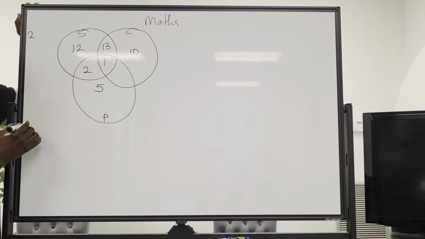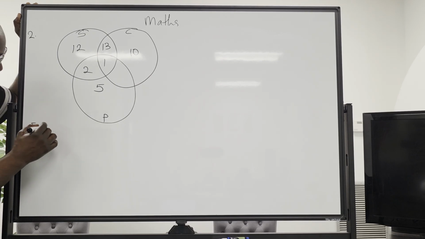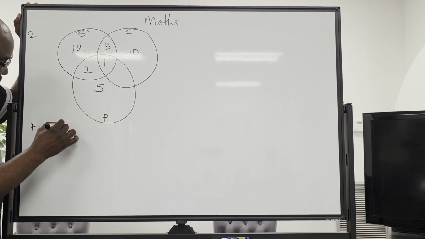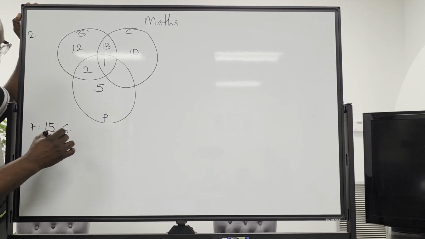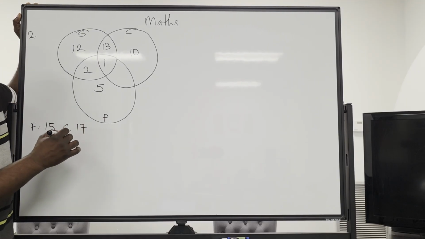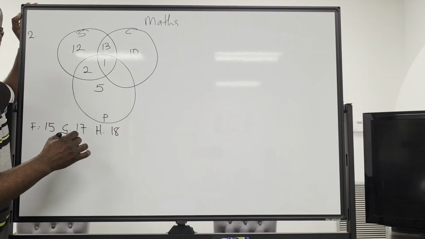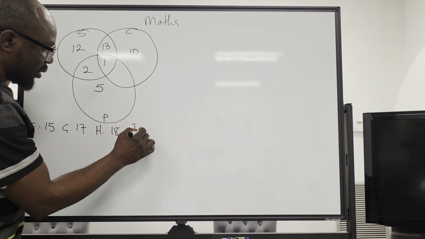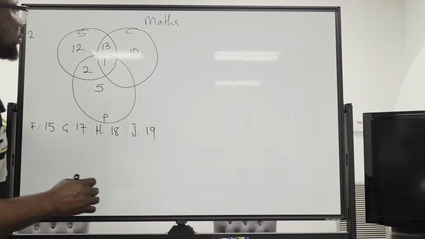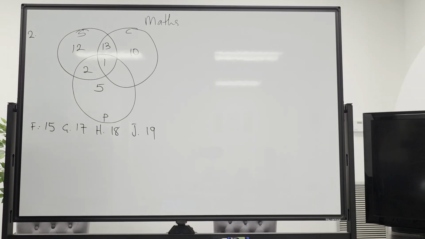And the options we have: F is 15, G is 17, H is 18, and J is 19. So the question is, how many of the 47 farms represented in the diagram do not raise cows?